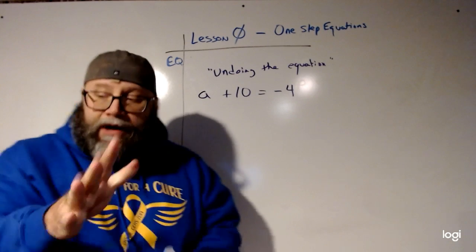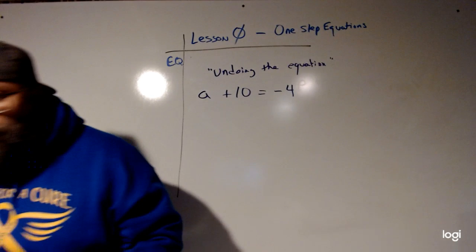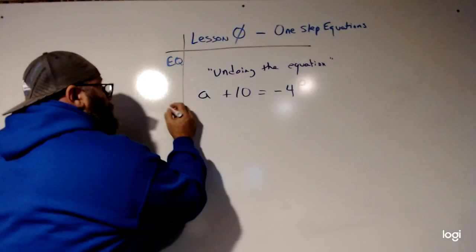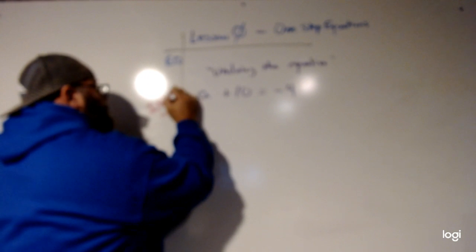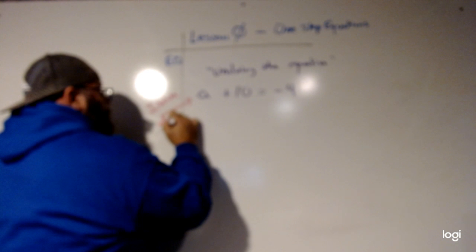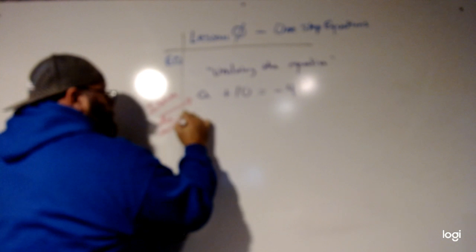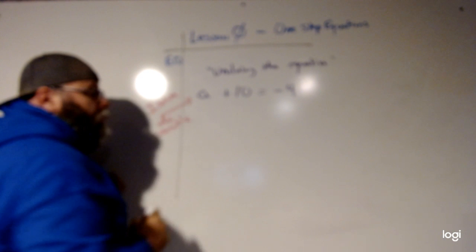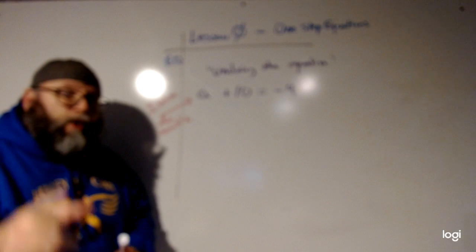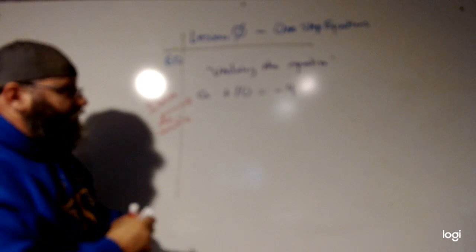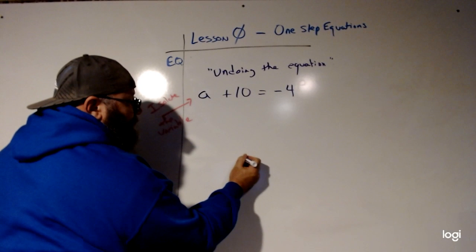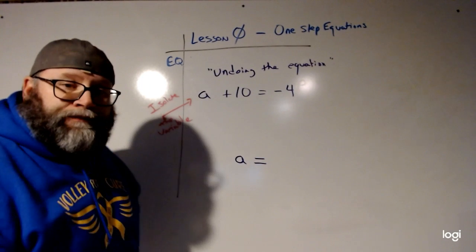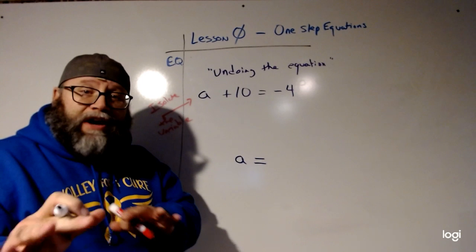Now, what I should expect is, at the end, this a is going to travel down, and I'm going to have equals something. That's at the end. We haven't gotten there yet.